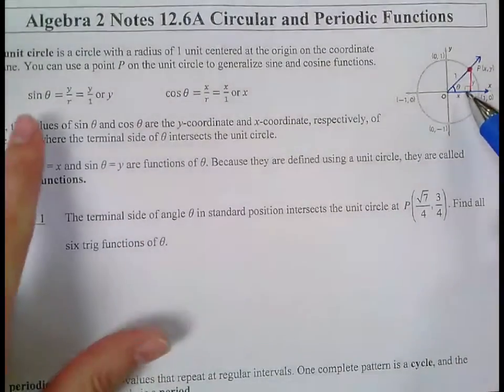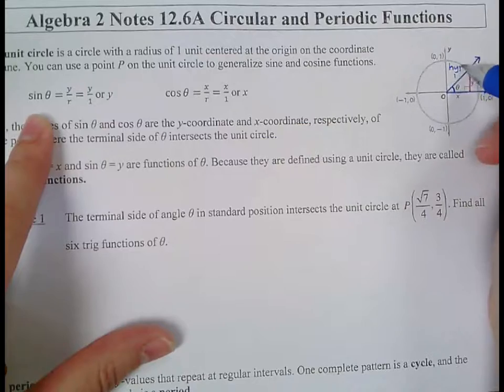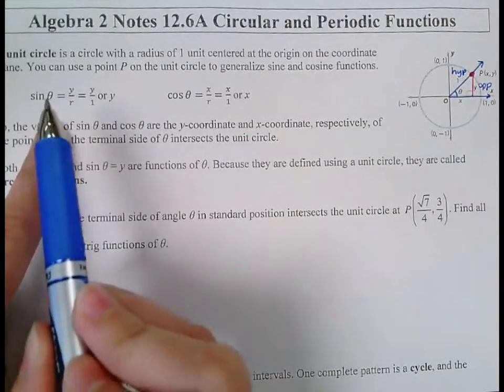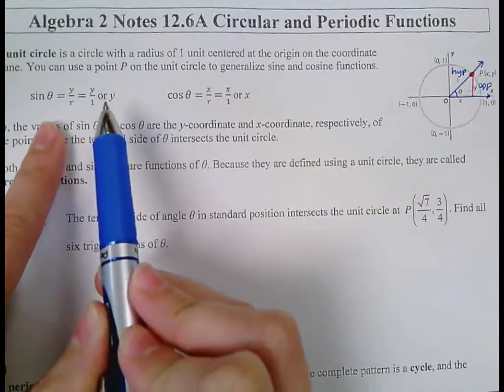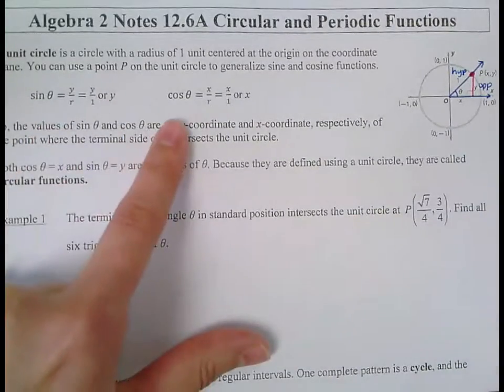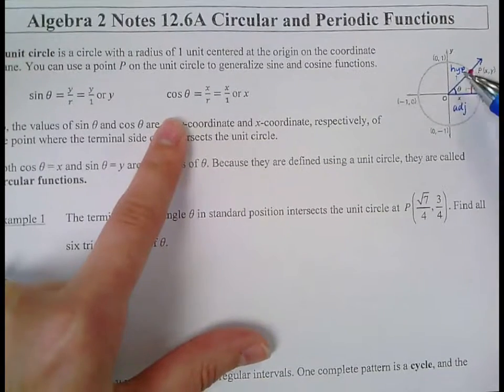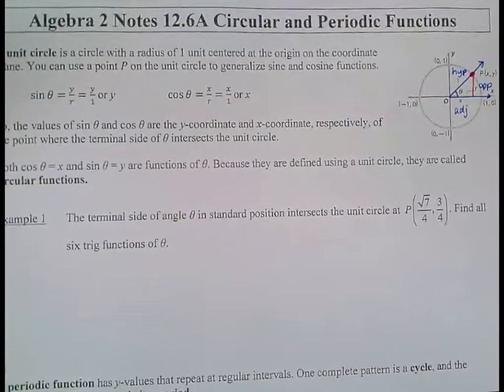Sine of theta we know is the opposite over the hypotenuse, so the opposite side is y. The hypotenuse is the radius, which is 1. So on the unit circle, sine of any angle theta is equal to y. And then cosine of theta, cosine is adjacent over hypotenuse. The adjacent side to theta is x, hypotenuse again is the radius, which is 1. So cosine of theta is just x.